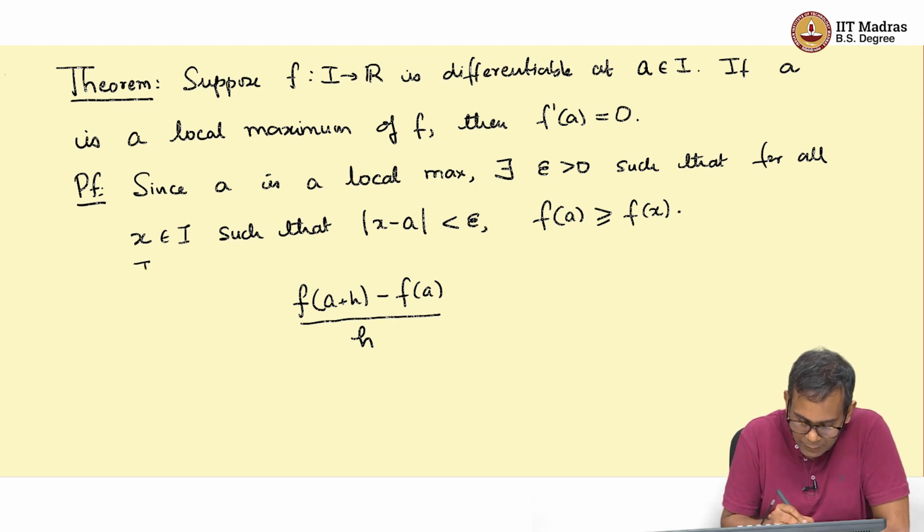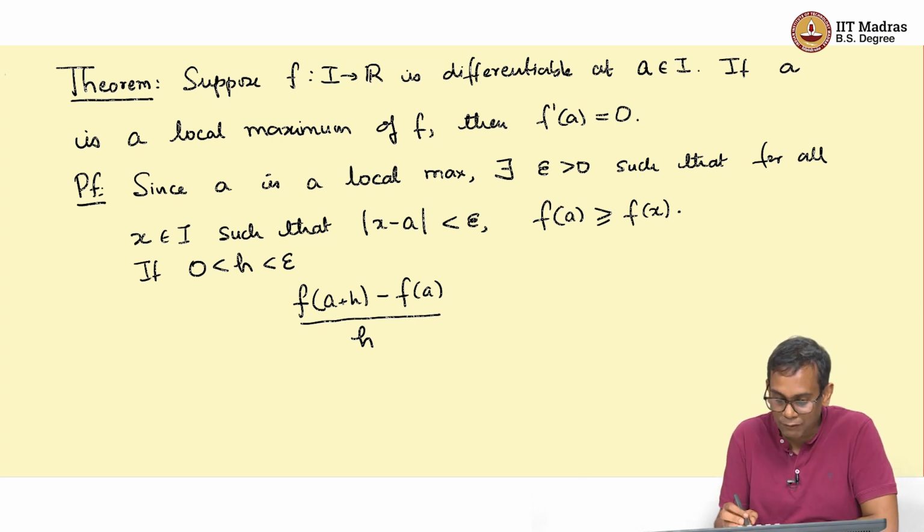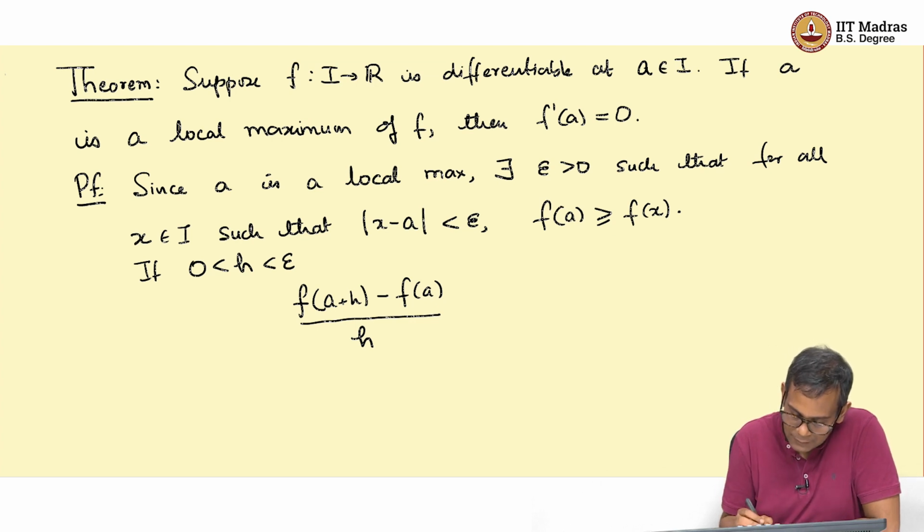If we take h between 0 and epsilon, then a plus h lies between a and a plus epsilon, and because in this region f of a is the largest value that f takes, the numerator of this quotient is negative, because f of a is larger, f of a plus h is smaller. So, this is negative, the denominator is positive. So, this is less than or equal to 0.